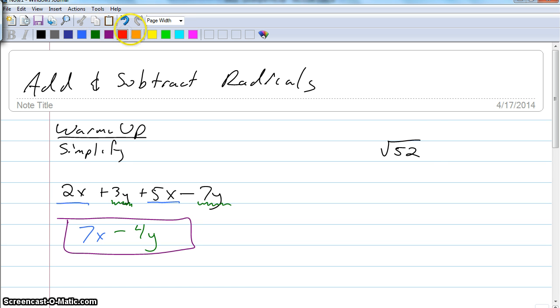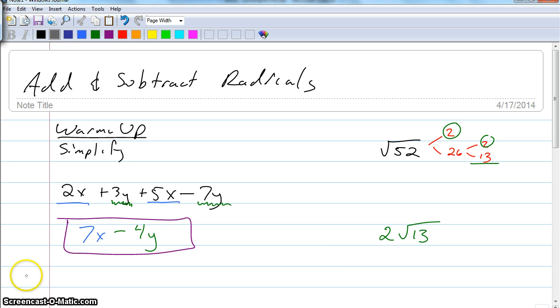The square root of 52, you get 2 and 26, 2 and 13. So 2 has a buddy, so it would be 2. 13 got left behind. 2 times the square root of 13.